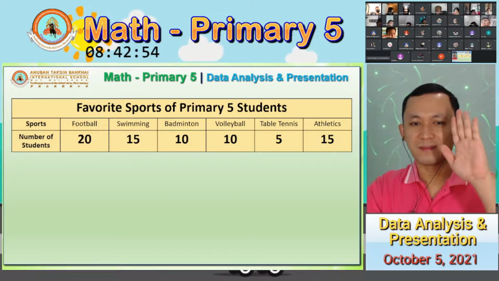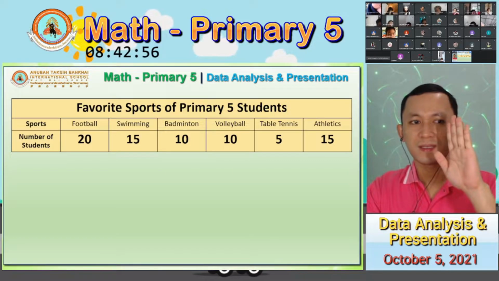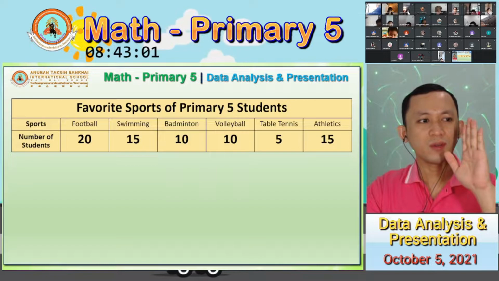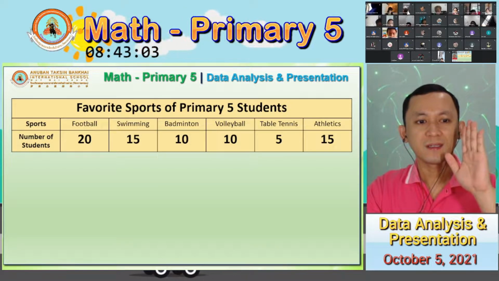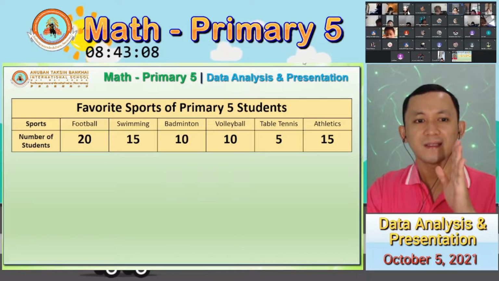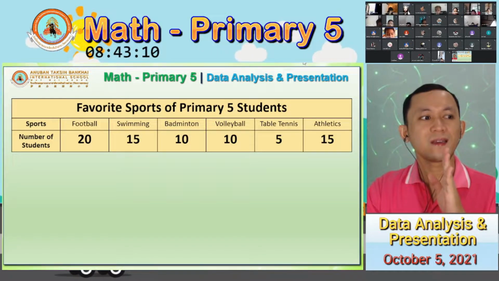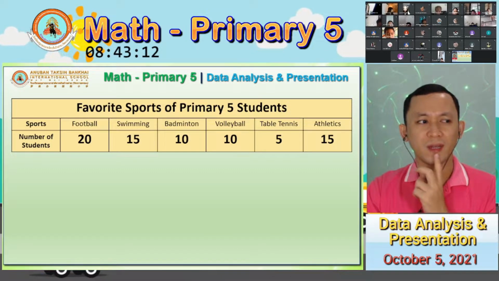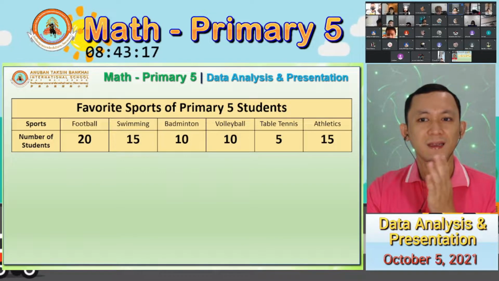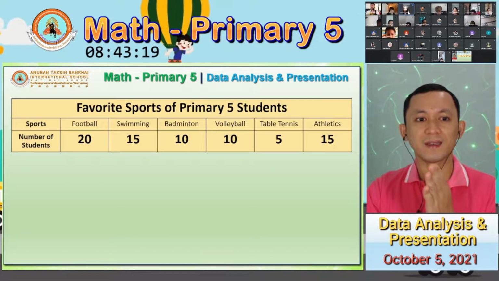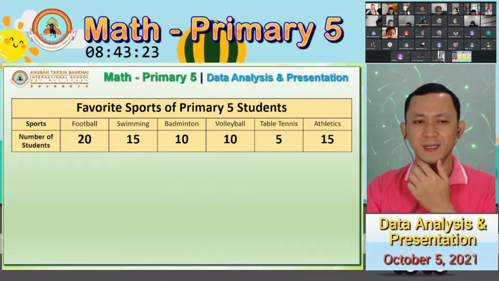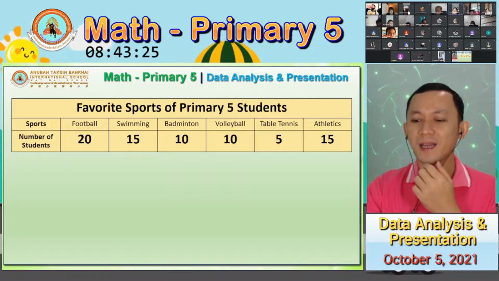Who can read? Raise your hand. Favorite sport of primary 5 students. What does favorite mean? Favorite means ชอบ, like.